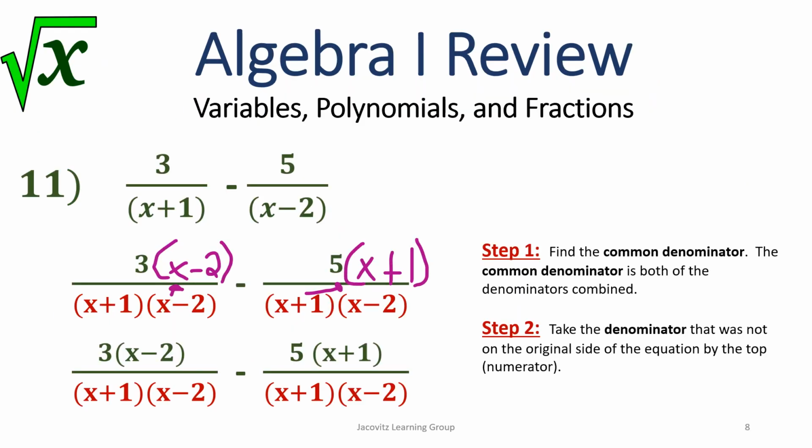Okay, so now you have 3 over x plus 1 minus 5 over x minus 2. And you've got to combine both of those. You know why? Because you need a common denominator. And since it's a variable, you have x plus 1 on one side, x minus 2 on the other side, so you combine them. Now, all this in purple tells you how to. Because you don't have this x minus 2 that was here, you have to take it up here.